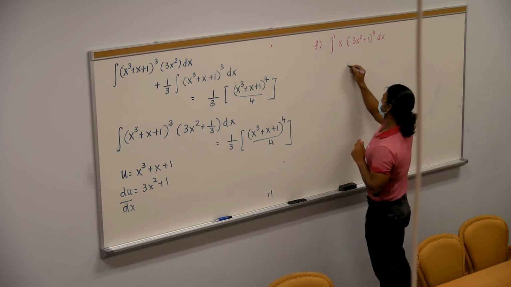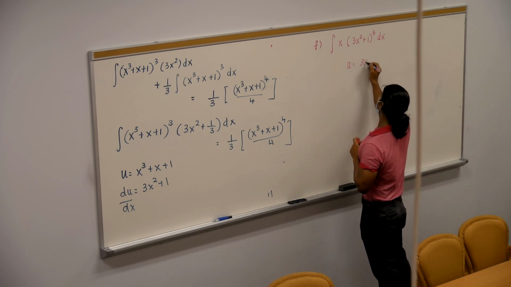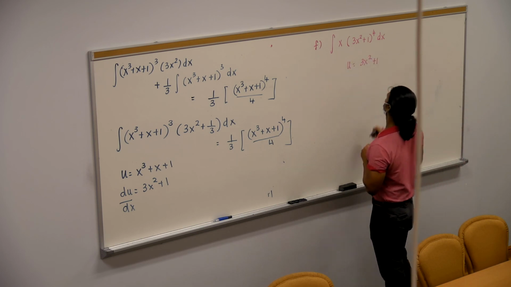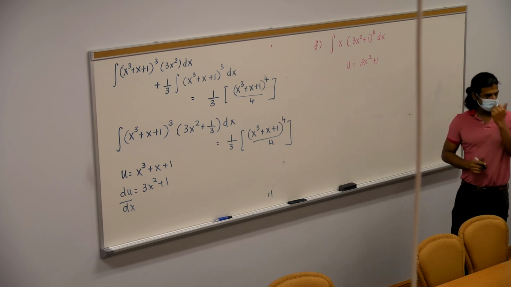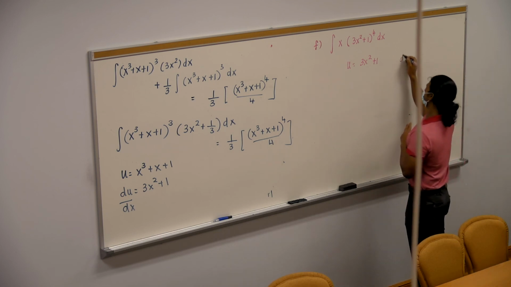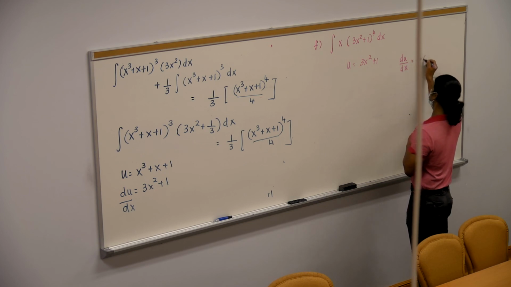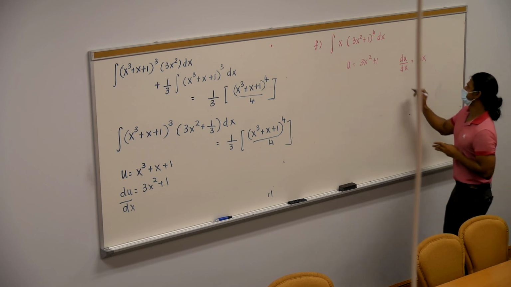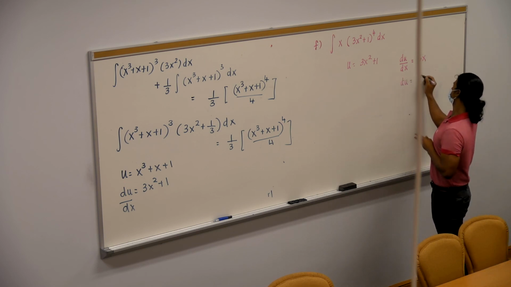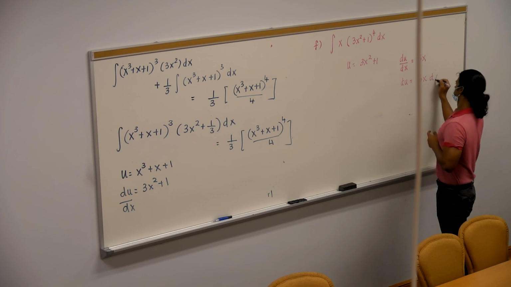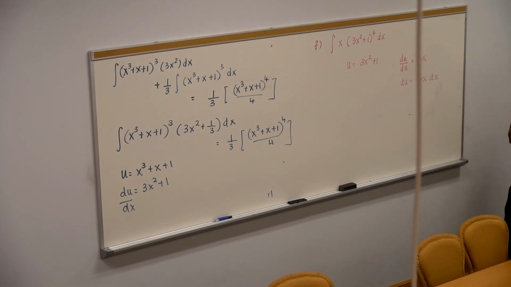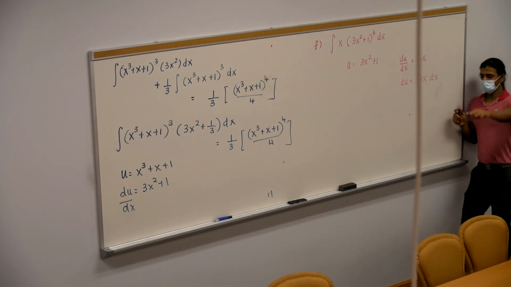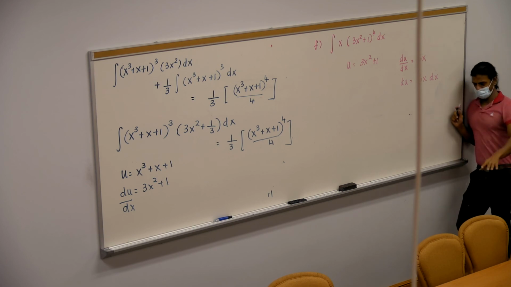U should be equal to 3x squared plus 1. If you take the derivative, you get du over dx equals 6x. Yes? And if you multiply, du is equal to 6x dx. Correct?